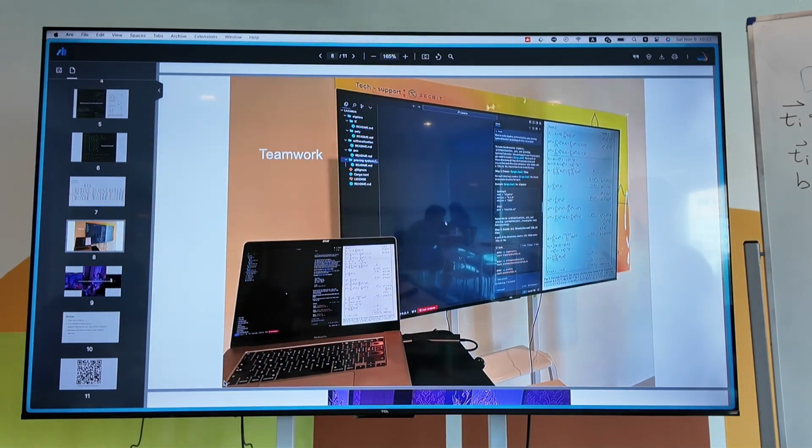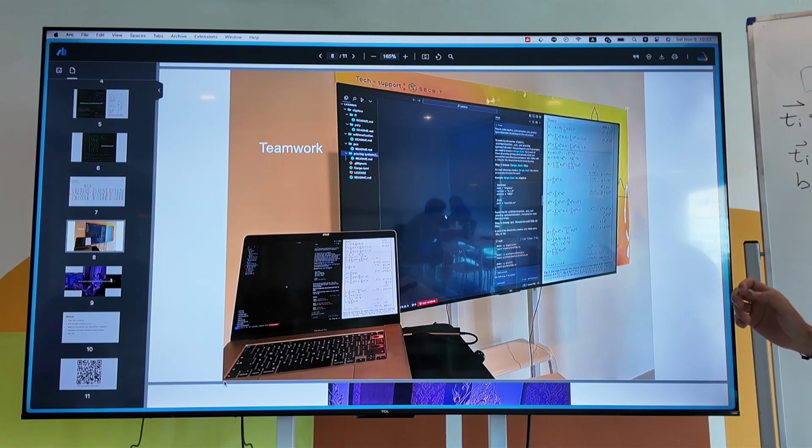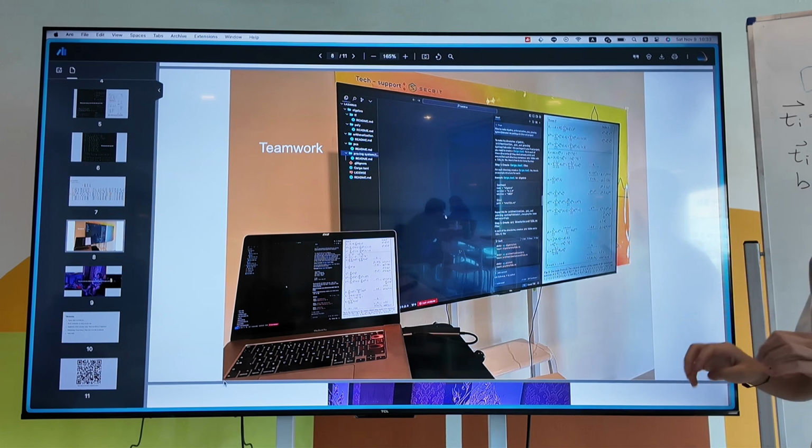Then is teamwork. We use this big TV and all of us code together, read the comments, and figure out how the parameters work. During this, there are a lot of discussions.